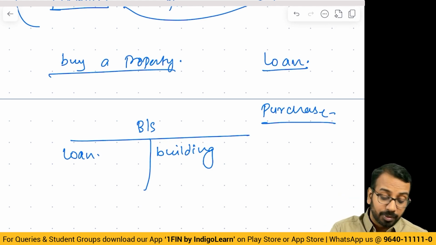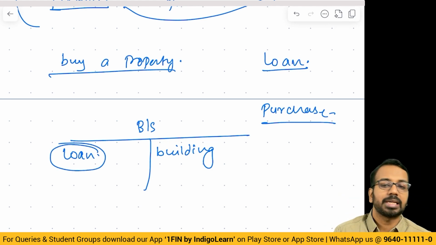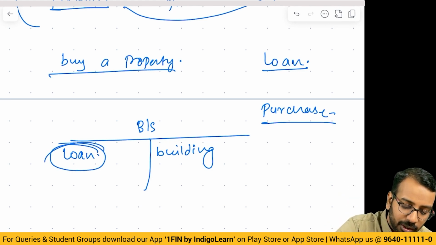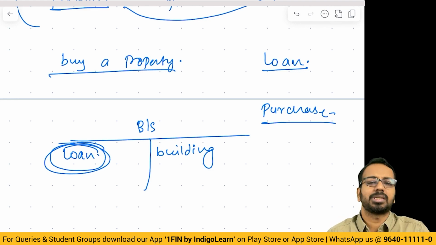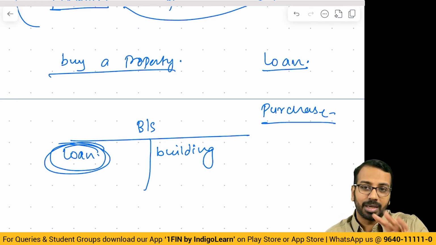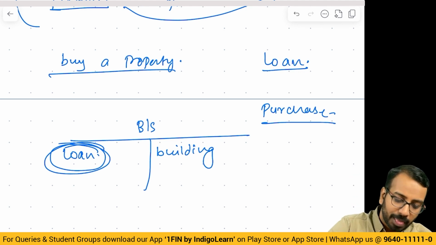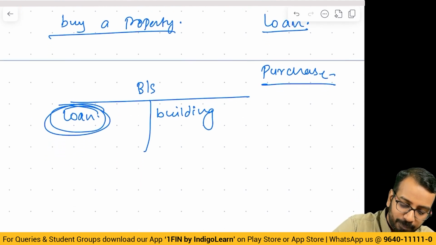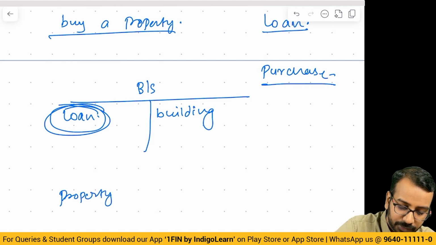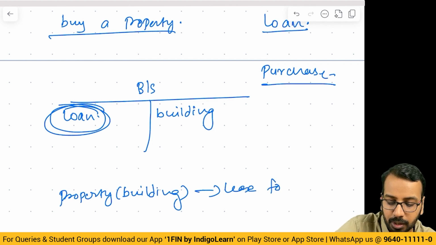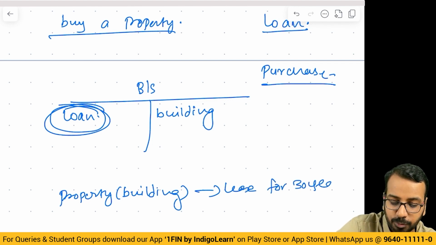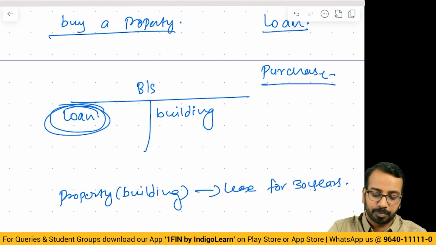But say for example, I don't want to show this as a loan in the balance sheet, because the moment you show debt, it is perceived to be negative by the investor. So what I do is, I go to someone and say, I will take property, that is building, on lease for 30 years, assuming 30 years is the life of the project or property.